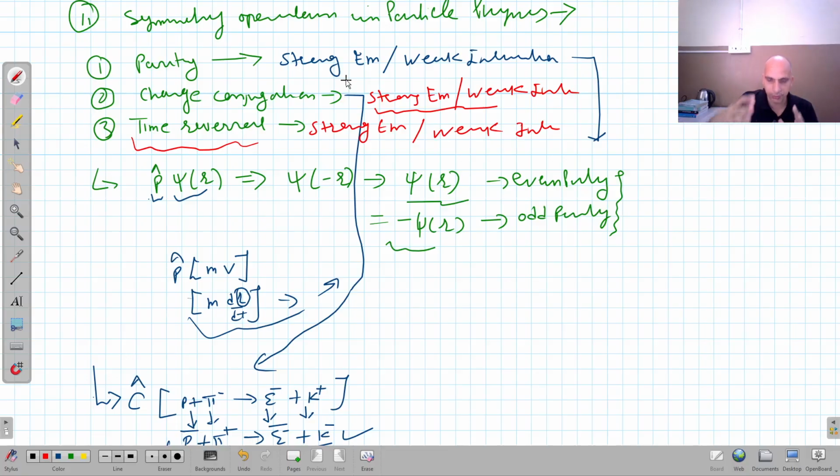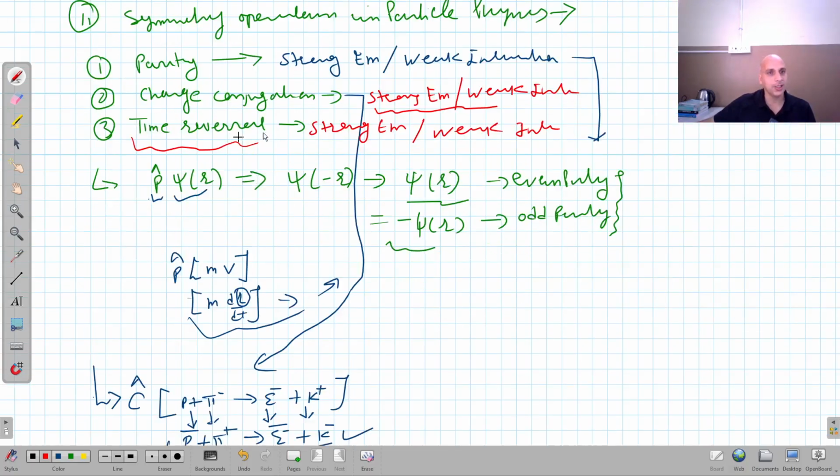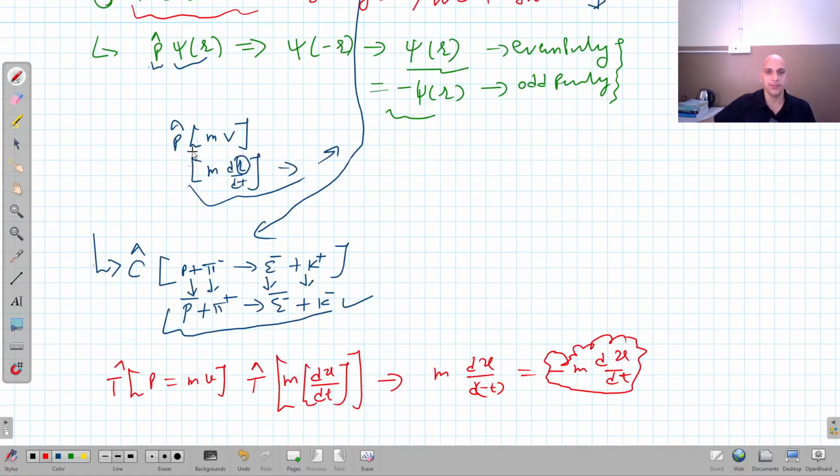It is the most confusing force in nature. Until now we don't have any quantum theory that can tell us all the things related to the gravitational force. But all the things that I discussed here have been experimentally verified, right? So this is about the three symmetry operations in nuclear and particle physics and their corresponding conservation laws: parity, charge conjugation, and time reversal.